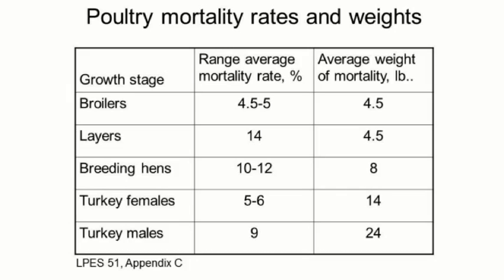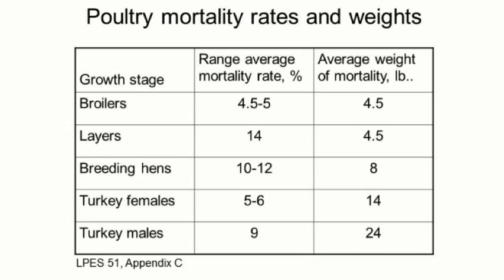So I'll go through a couple of slides here just showing mortality rates and weights. And these I've taken from the Livestock Production Environmental Series as well as those USDA APHIS bulletins. We see on our left-hand column the growth stage for different poultry enterprises: broilers, layers, breeding hens, turkey females and males.